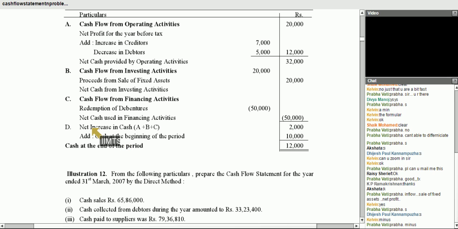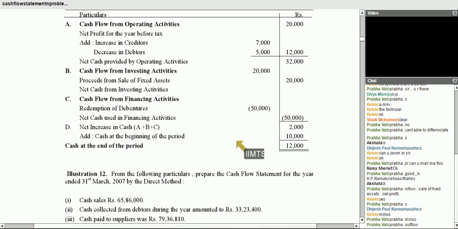Right, now D. Net increase in cash will be 2,000, and we add the cash at the beginning of the period, 10,000. So my cash at the end of the period will be 12,000 rupees. Yeah, 10 plus 2 is 12.